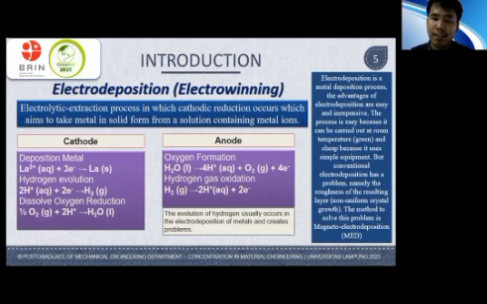MED, magnetoelectrodeposition, can help to remove the hydrogen evolution.